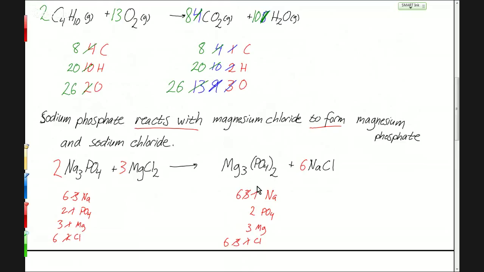So anything that doesn't change, it simplifies what you're doing if you just keep it together. This is especially nice if you have an equation that has, let's say, PO4 and SO4. Then everything has oxygens in it, so your oxygen numbers get all crazy. But if you keep the PO4 together and the SO4 together, assuming they don't break apart in the reaction, that can make things a lot easier.